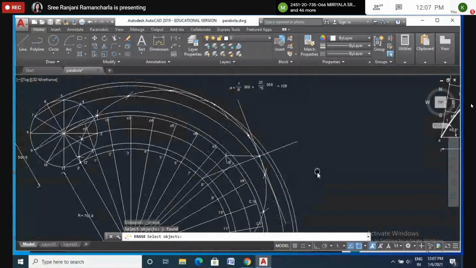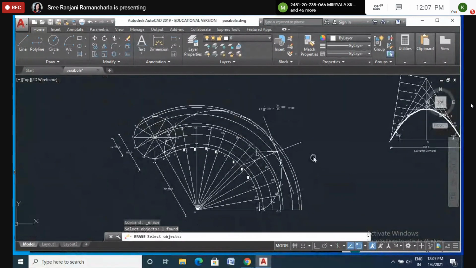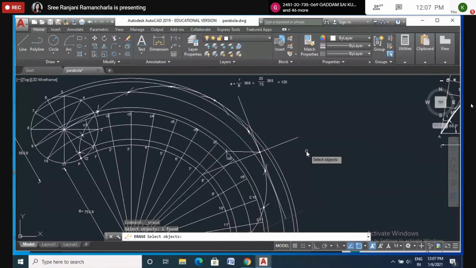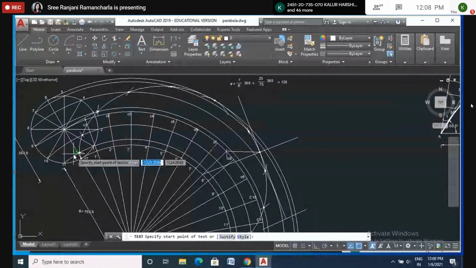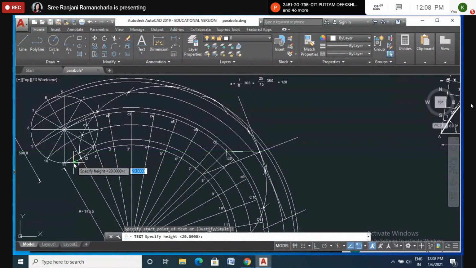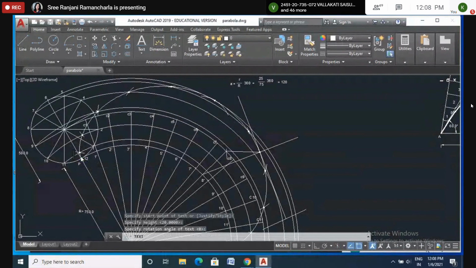Okay. Now in this, what is this figure we are doing? Epicycloid. The epicycloid, normal and tangent. Let me write here P1, P2, P3. Here I want to make a P1, in big size.